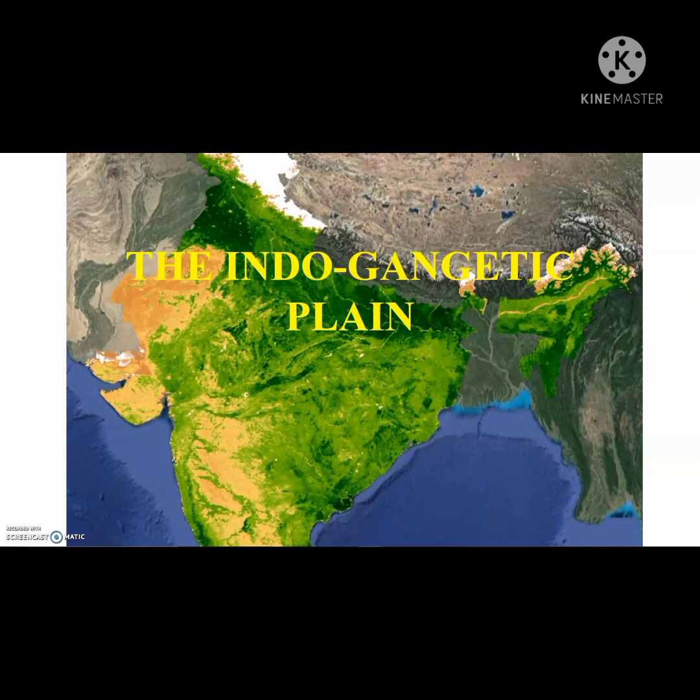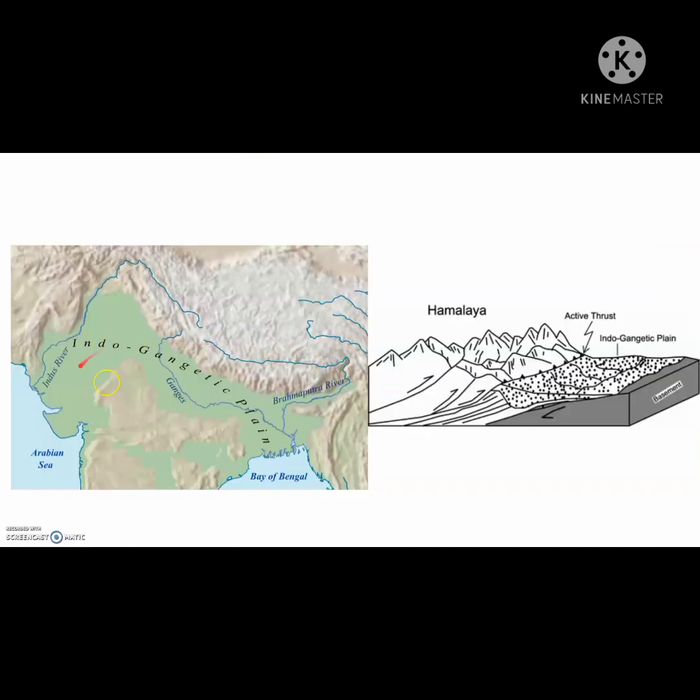These shallow lands were filled with alluvial sediments brought by the Indus River and Gangetic rivers. Hence they are called Indo-Gangetic plains.